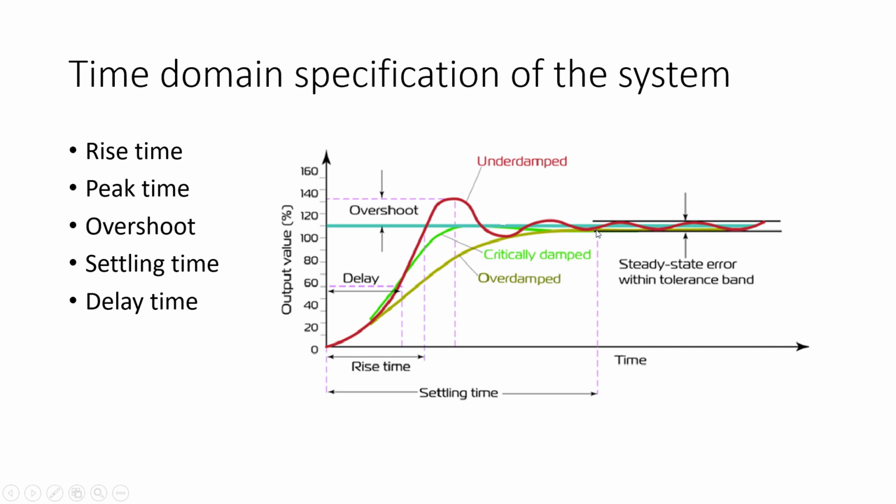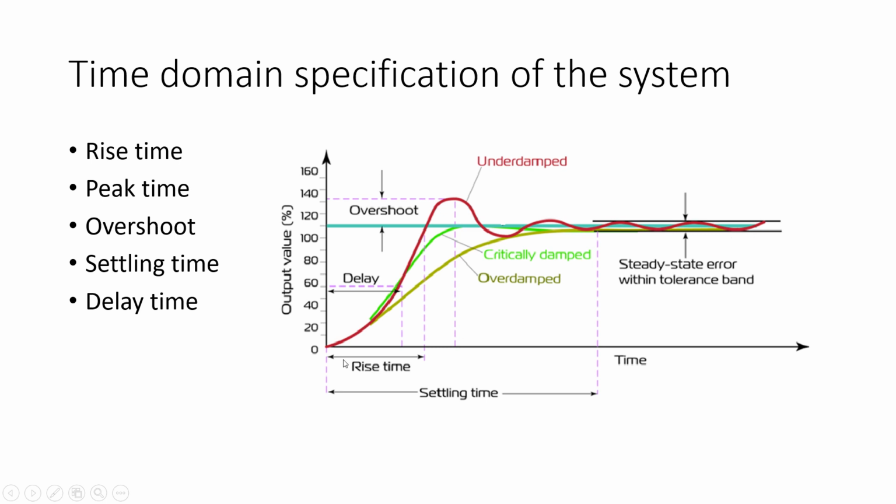The response up to the settling time is known as the transient response, and the response after the settling time is known as the steady state response. What is settling time?